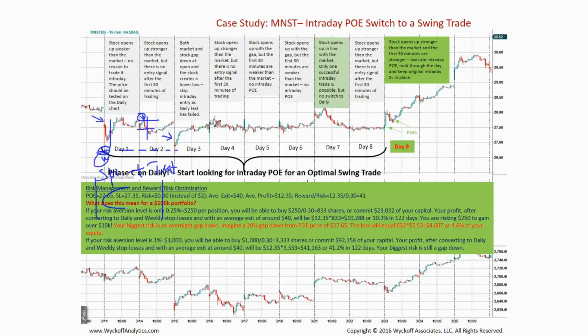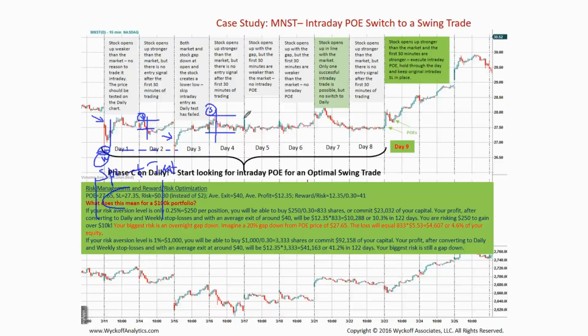On the next day, we actually open up quite strong, but we never commit to the upside above the initial 30 minutes. The market is weaker, but that breakout to the upside does not happen for us, so we don't want to do anything here.